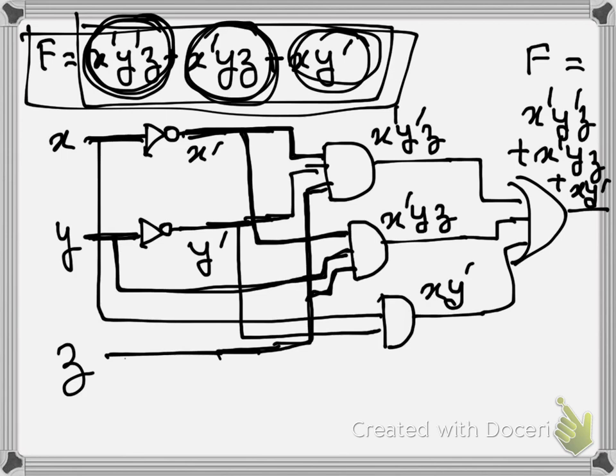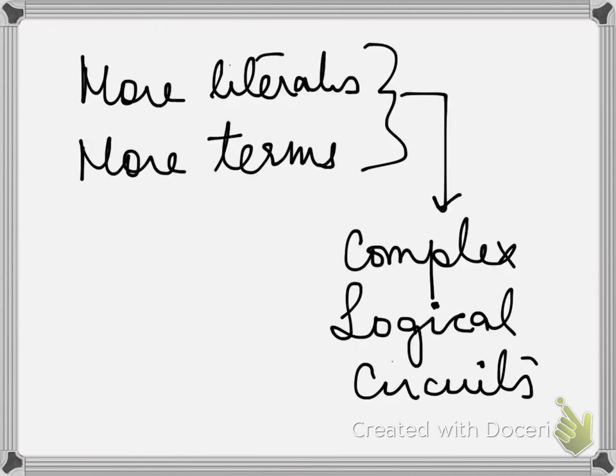The function remains the same, but what we are doing is reducing the number of literals, or reducing the number of terms. Then the logical circuits that we can draw now would be less complex.